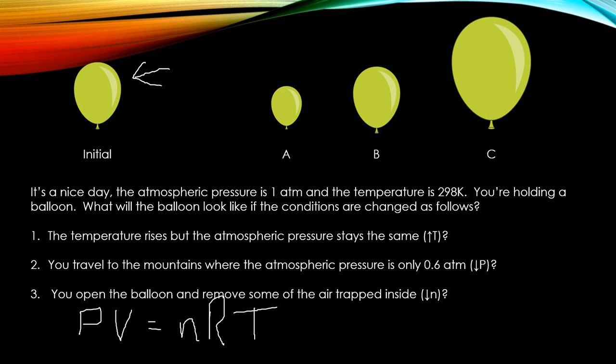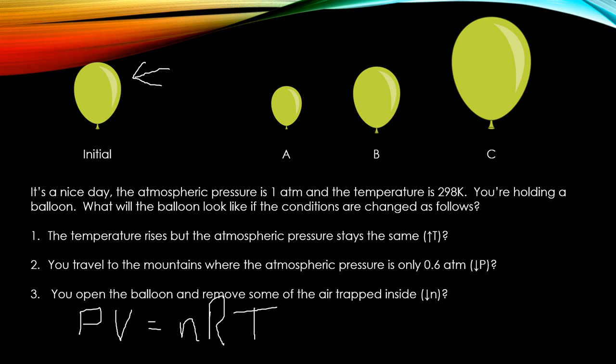Pressure and volume are inversely proportional. n and T are actually inversely proportional, but it's kind of hard to get the conditions right for that to happen. But anything on this side is going to be directly proportional to the parameters on this side. So volume is directly proportional to the number of moles, as is pressure. So if you open up the balloon and remove some of the air trapped inside, the volume is going to go down. And so the balloon will look more like balloon A.